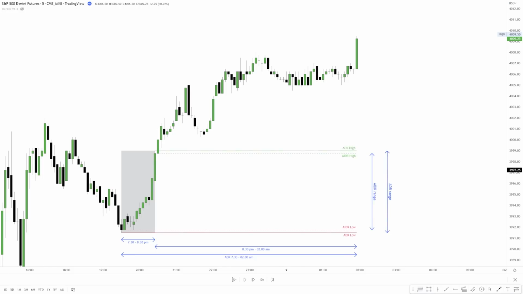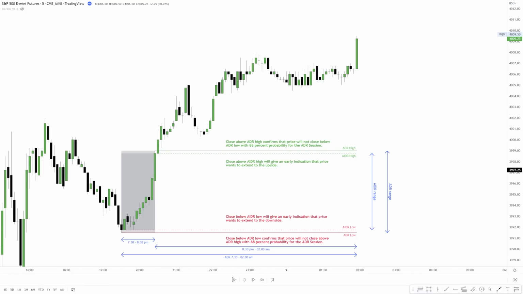So as usual, we take the high and the low inside the DR range, and we will have our ADR high and our ADR low. We take the highest and the lowest body close or open, and we have our AIDR high and our AIDR low. That also gives us the ADR range and the AIDR range. Now we can add our rule set.